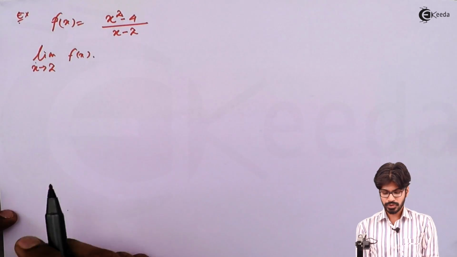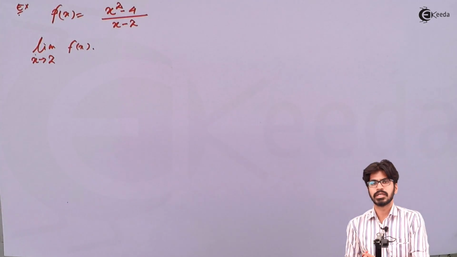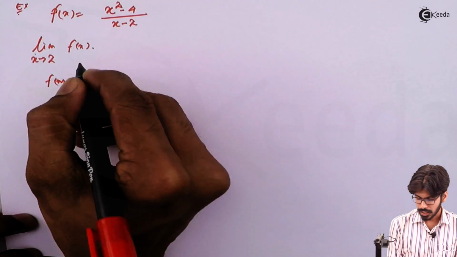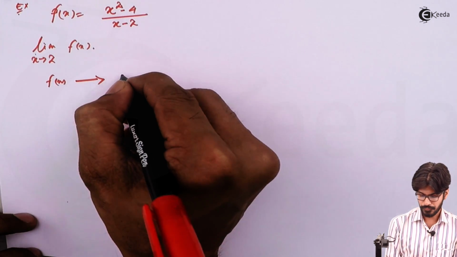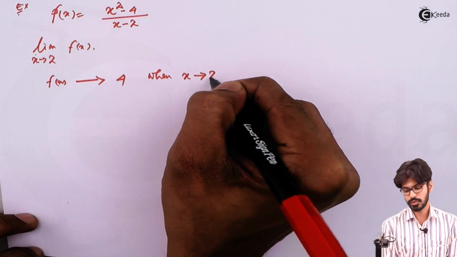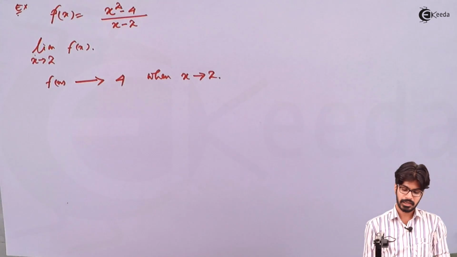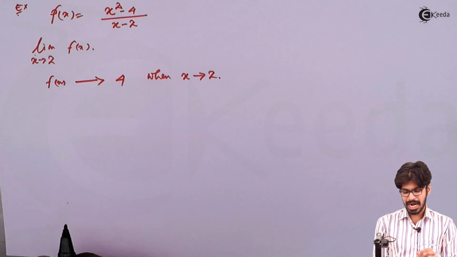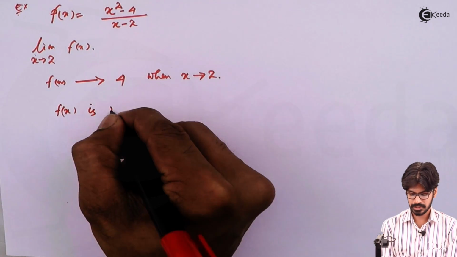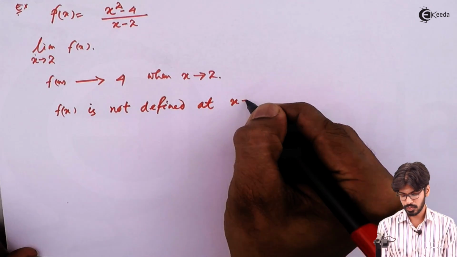Here if we approach x towards 2, f of x approaches 4 when x approaches 2. From the left hand side it approaches 4, and from the right side it also approaches 4. But at the point x equal to 2, f of x is not defined.